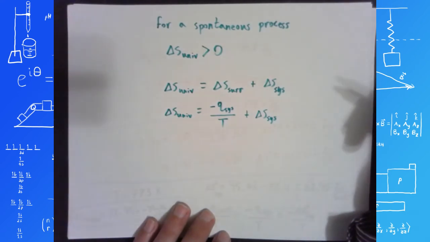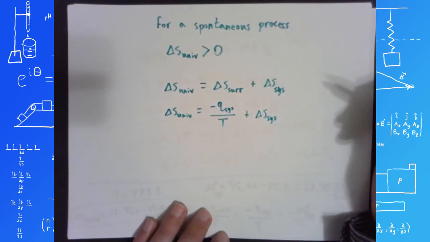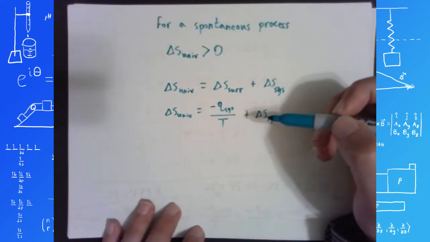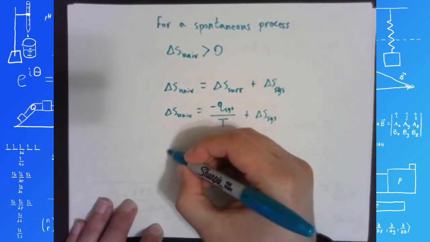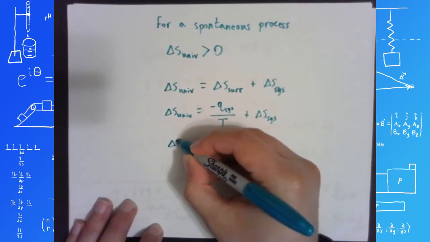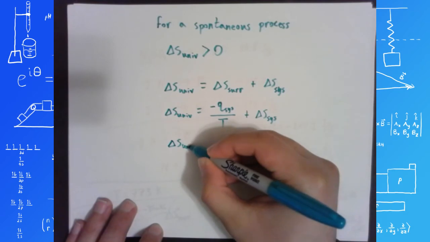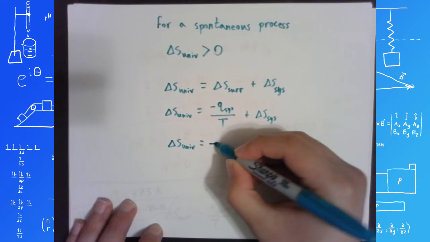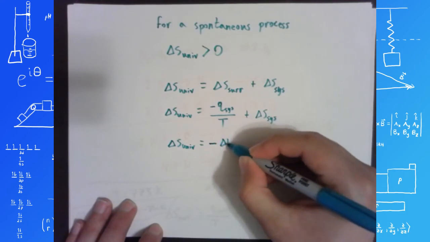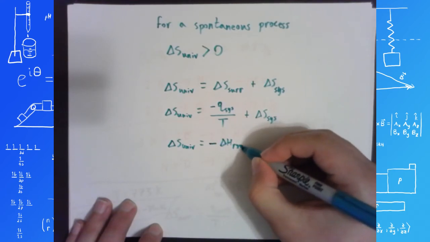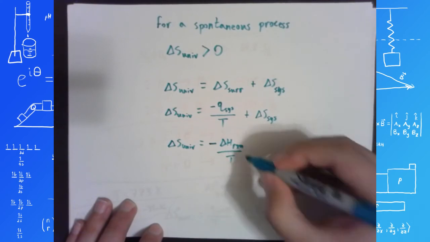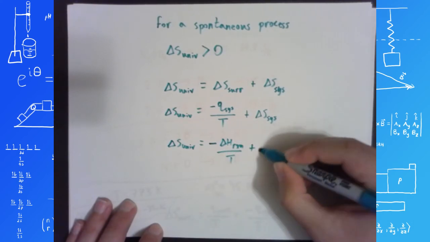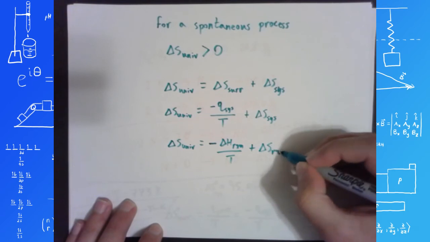Now, if your system is a chemical reaction occurring under constant pressure, then Q system is simply equal to the enthalpy. So we have delta S universe equals negative delta H of the reaction over T plus delta S of the reaction.